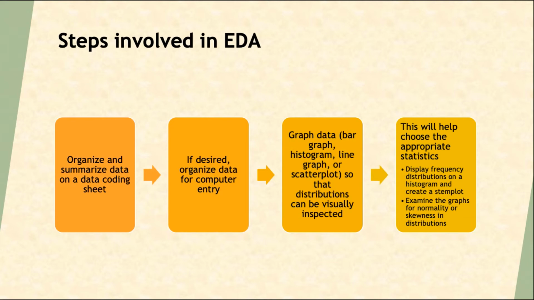Then we graph the data using a bar graph, histogram, line graph, or scatter plot so that the distribution can be visually inspected. And last, this will help choose the appropriate statistic. We display the frequency distribution on a histogram and create a stem plot. We examine the graph for normality or skewness of the distribution.